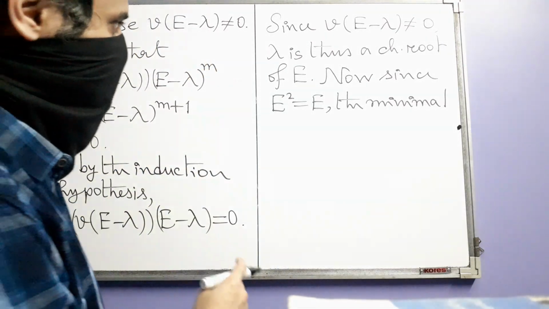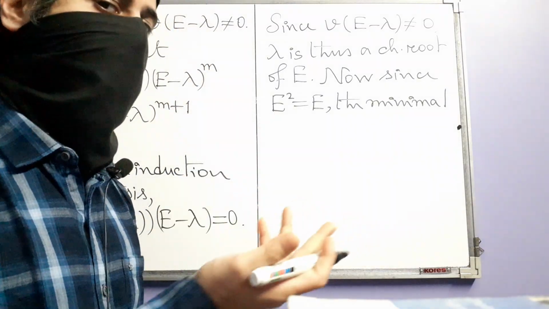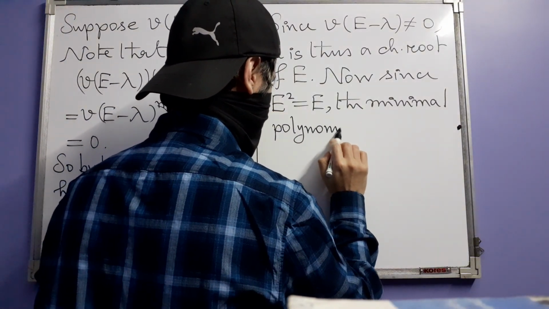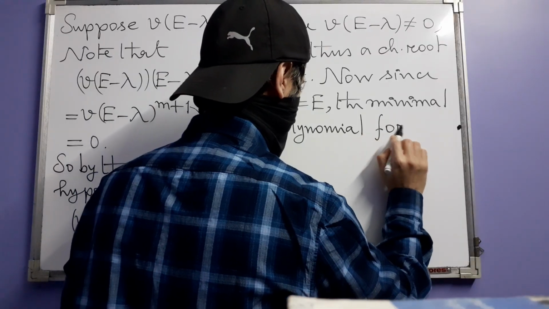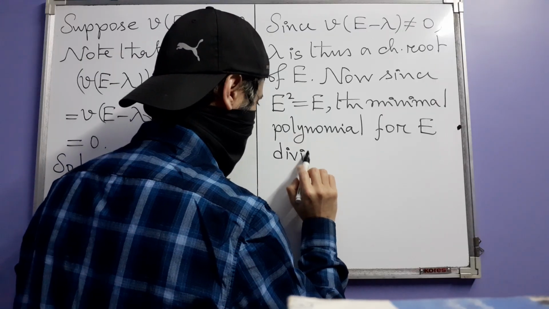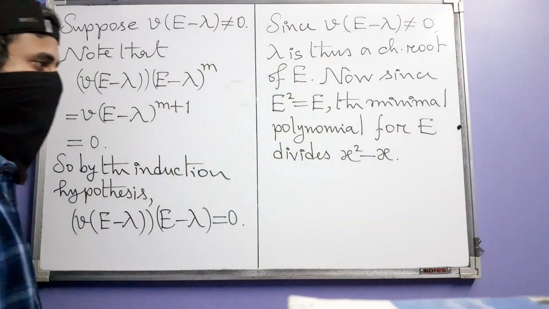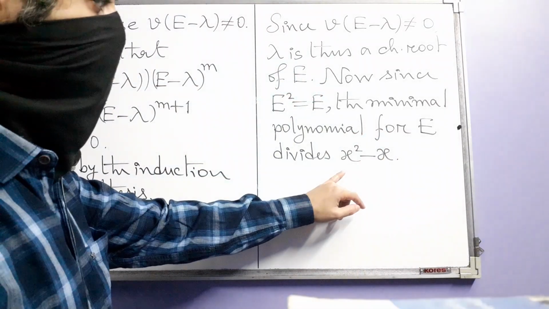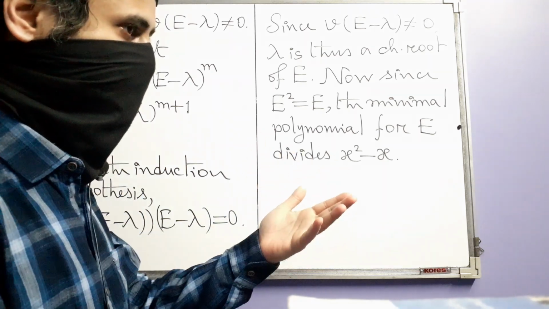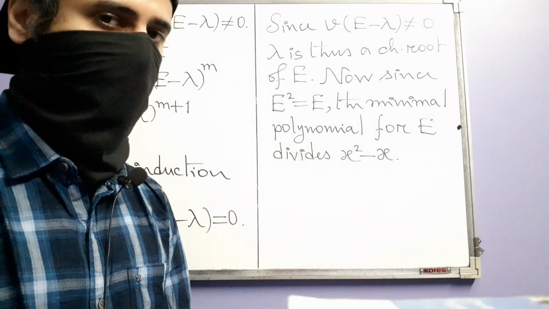So, x square minus x is an annihilating polynomial for E. So, the minimal polynomial for E will divide this, and that's why the roots of the minimal polynomial for E are either 0 or 1, because these are the only roots of this polynomial.